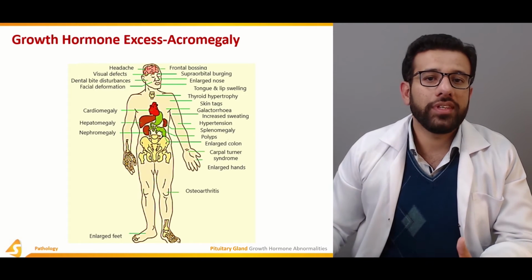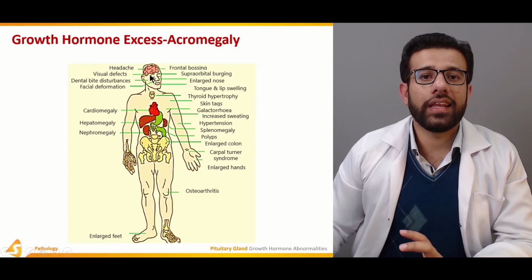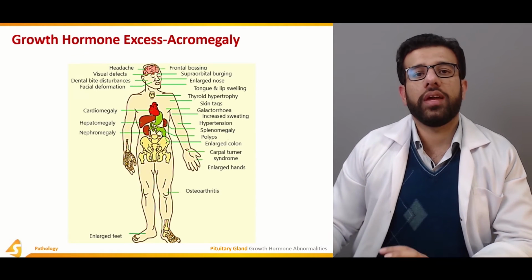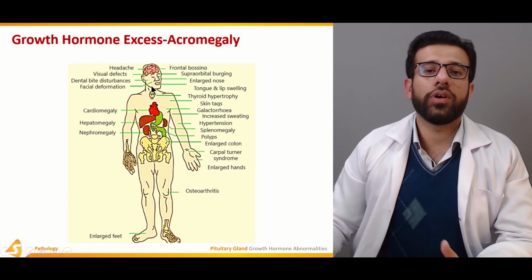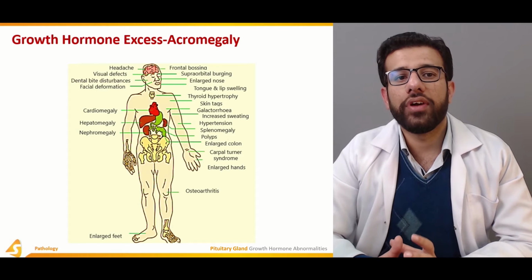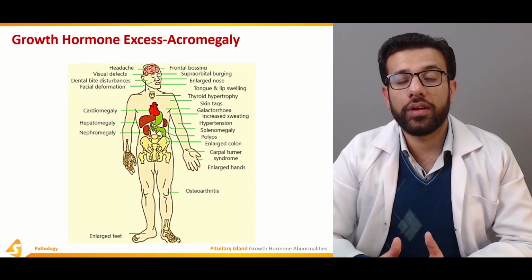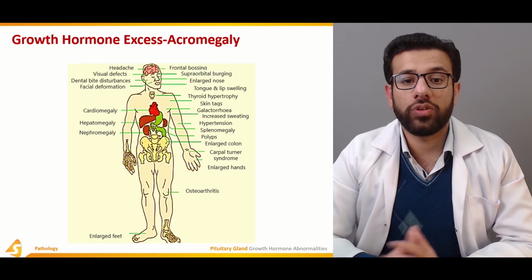The most common presentation of acromegaly is again headache. Then there are certain visual defects, and the patient can present with photophobia. Dental bite disturbances are there because the lower jaw is increased, and there is frontal bossing. All these are the hallmarks of acromegaly.